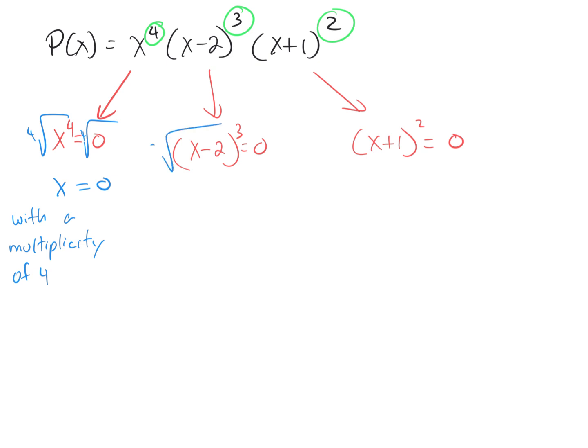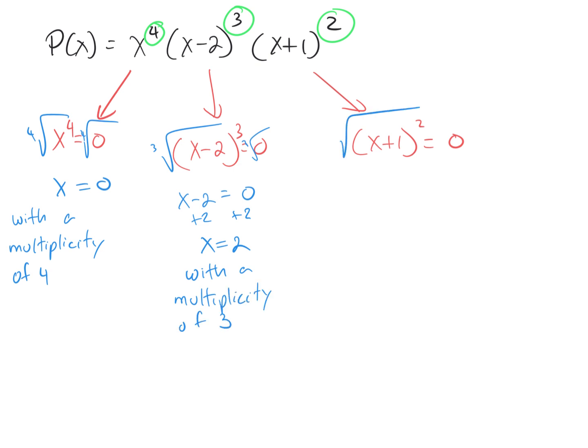So here we take the cube root and we get x minus 2 is equal to 0. Then I'll add 2 and we get x is equal to 2. But again, it has a multiplicity of 3. And then again, we're going to take the square root on the right side.